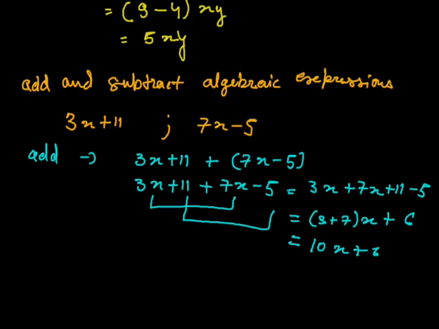Now if we have to subtract 3x plus 11 from 7x minus 5, we will write 7x minus 5 minus the bracket 3x plus 11. First we will write 7x minus 5 and then subtract 3x plus 11 from it.